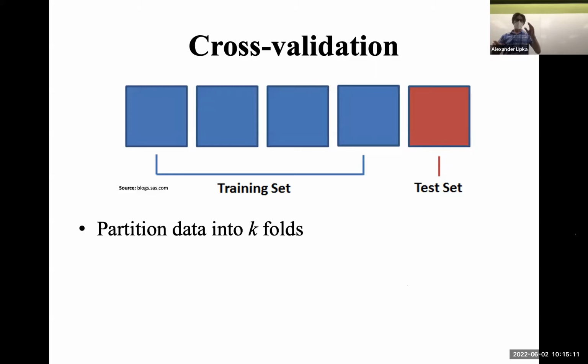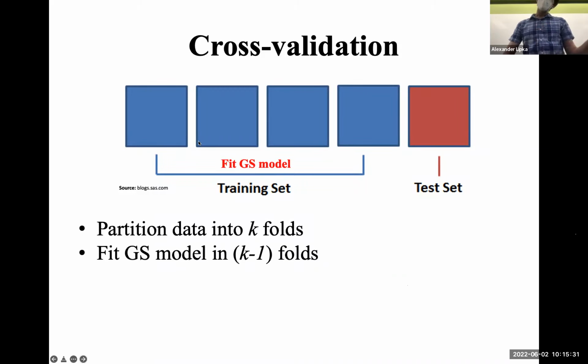For cross-validation, we partition our data set into k folds. We have a picture here of 5 squares, so we are partitioning our data into 5 approximately equally sized subgroups. Here k is equal to 5.